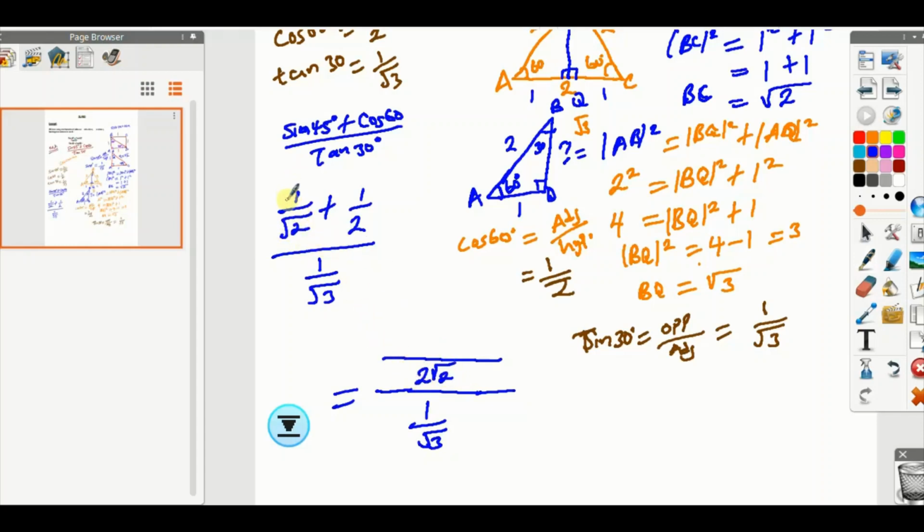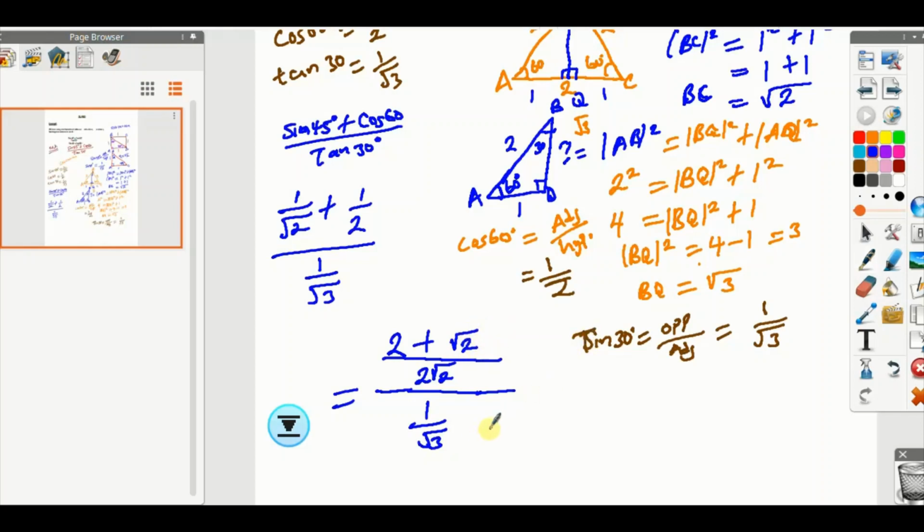So 2 multiplying the 1, we have 2, right? Now we come to this side. 2 root 2 divided by this 2 leaves root 2, right? Multiplying by 1, we now have root 2, right?